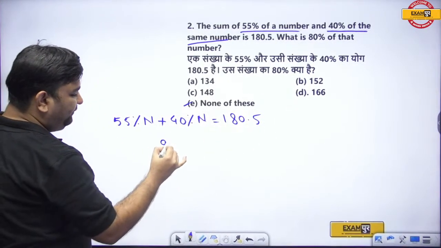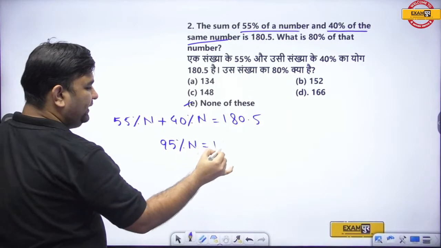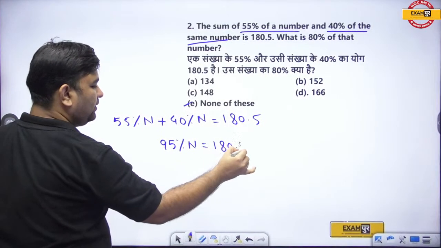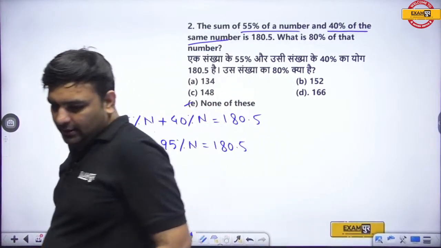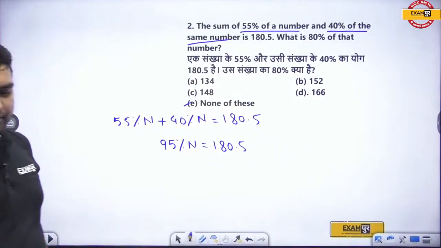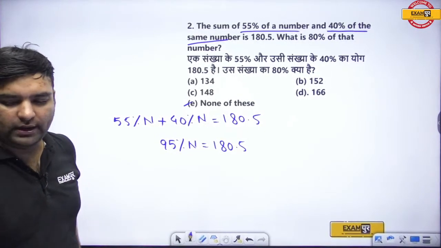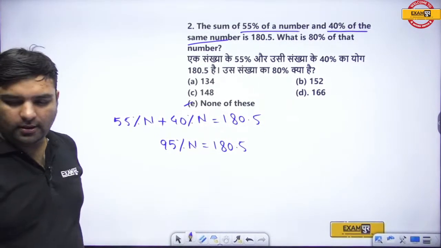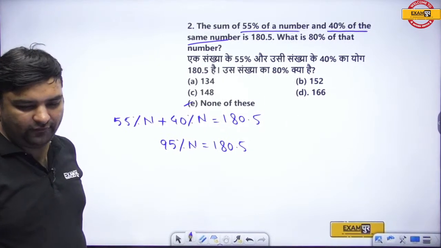Can I say 95% of the number is 180.5? Can I say like this or not? That 95% of the number is 180.5.